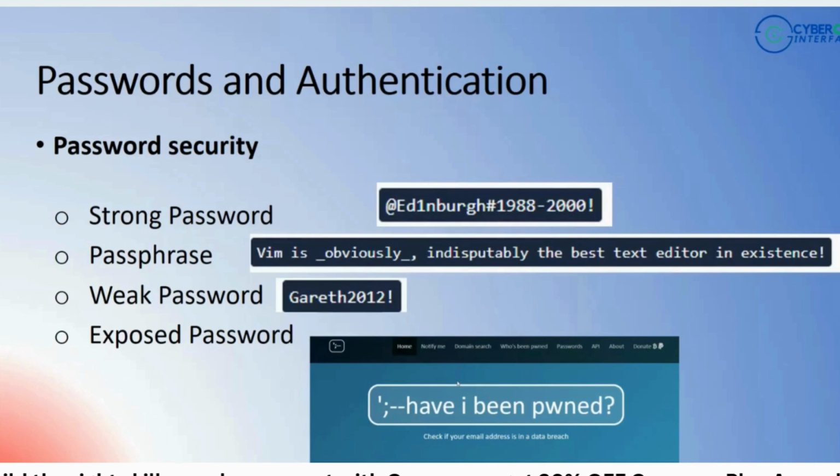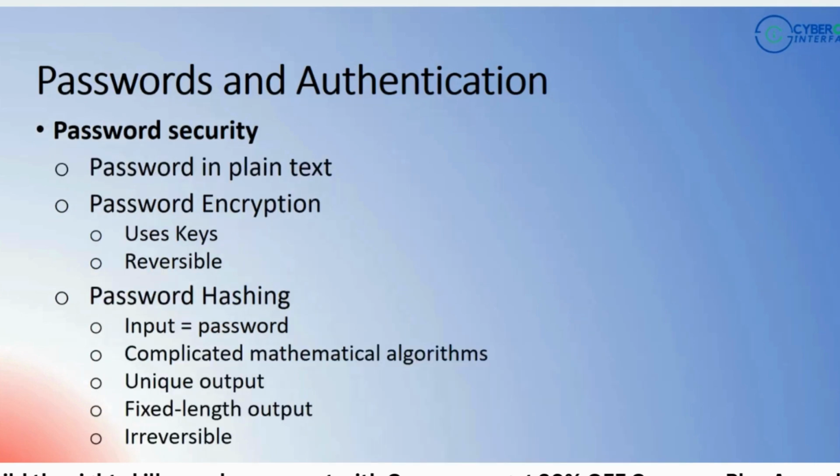And still on password and authentication. When we're talking about password security, there are three things that can be done to passwords. Passwords can be in plain text, but gradually, for most websites and most places, it's becoming a requirement that the site must be encrypted and secured.